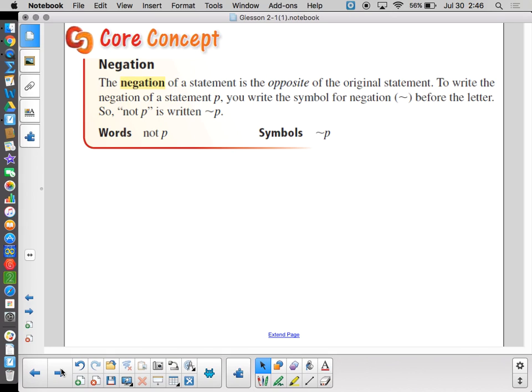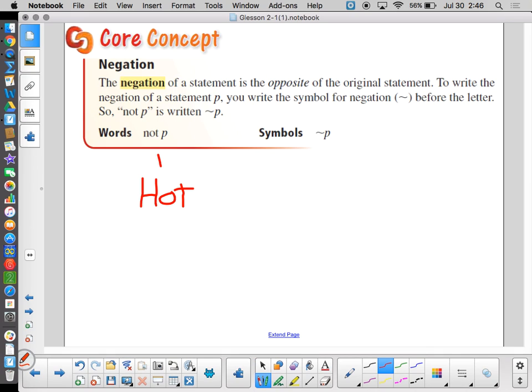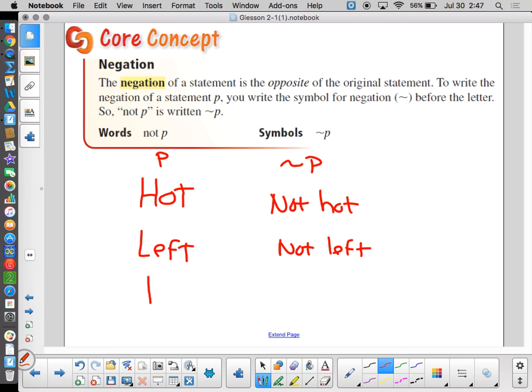So the negation of hot, so if P is hot, then not P, the opposite, is not cold, it's not hot. If the statement P is left, the negation of that is not left. If the statement is red, the negation is not red.